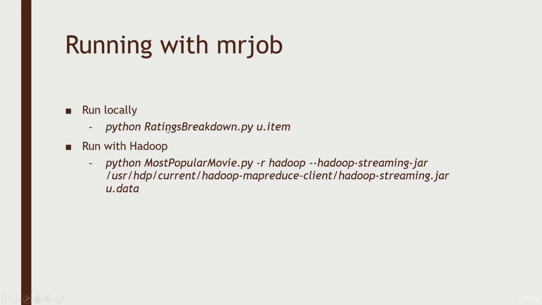Now, when you're ready to actually run it on Hadoop, you can use a syntax like this. Again, python, script name, and then we're going to do -r hadoop, and that just tells the MRJob framework that I'm actually going to run this on a Hadoop cluster for real, and it's going to actually use a resource manager and a Hadoop application manager and actually distribute that job if it makes sense to do so, right?